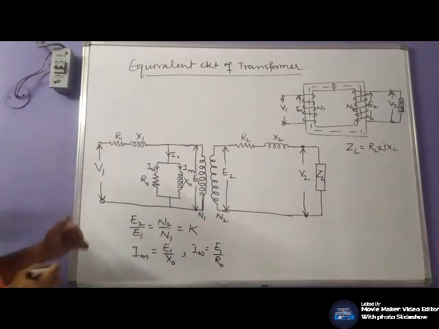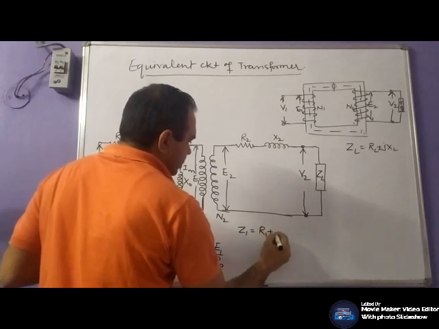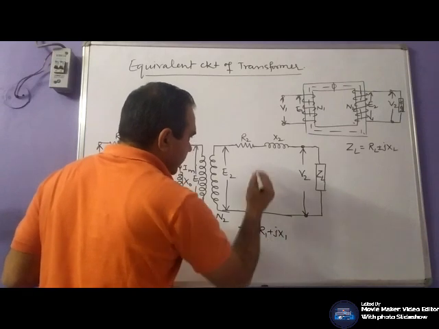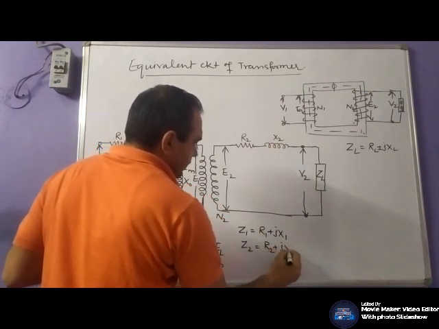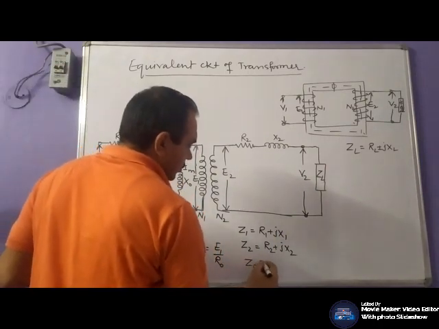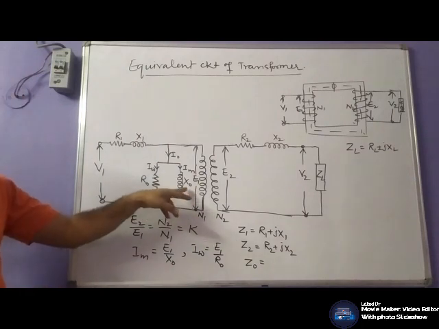And your Z1 is R1 plus jX1, the secondary side impedance is R2 plus jX2, and your Z naught is made of these resistance and reactance in parallel.